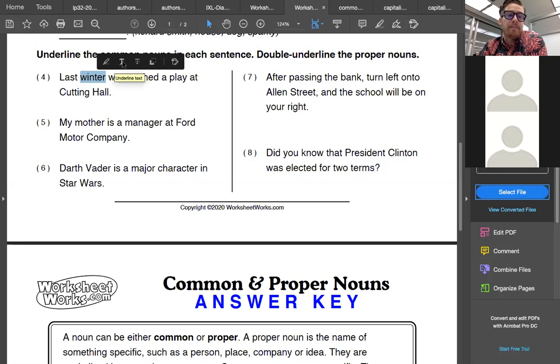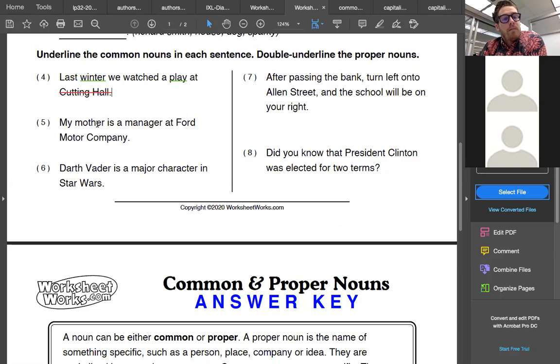It's a common noun. Watched a play. Is a play a common or proper noun? It doesn't have caps, so we can say it's common, right? And then at Cutting Hall, that's an actual place where you would watch it. I'm going to draw a line through it. So that's just to delineate between common and proper.